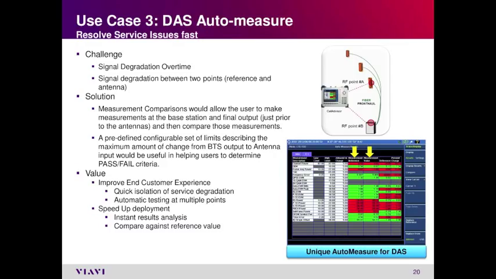If it is more than what the loss should be, it will be marked for the end user to see whether it is out of bounds or within bounds. So that helps in identifying whether the overall network is deployed correctly or not, whether I'm having more loss than it should be.